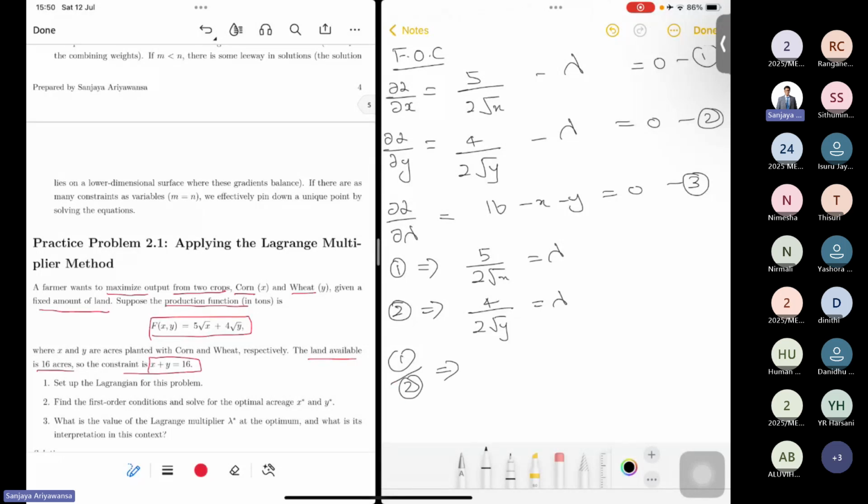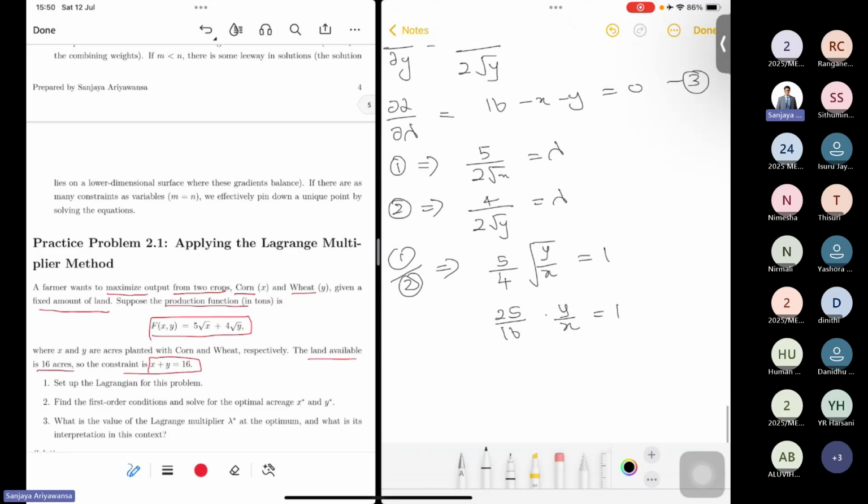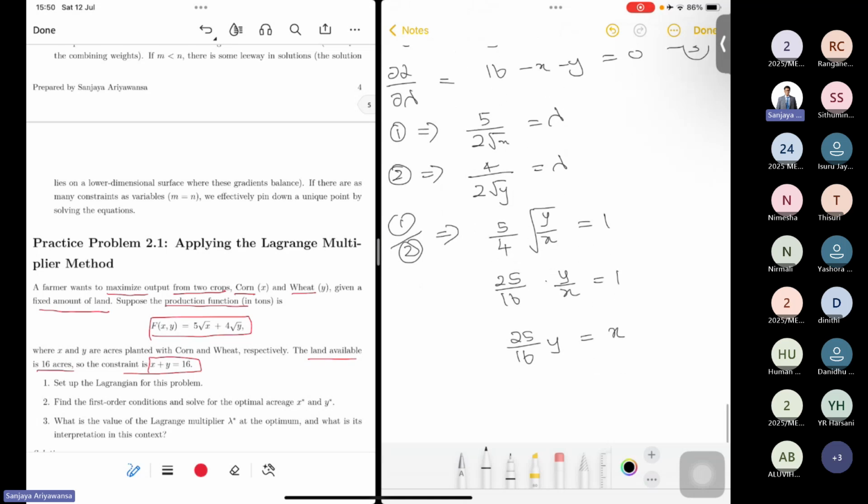Then I get 5 over 4 times root of y over x equals 1, because lambda cancels out. And if I square everything, I get 25 over 16 times y over x equals 1. Therefore, x is equal to 25 over 16 times y.